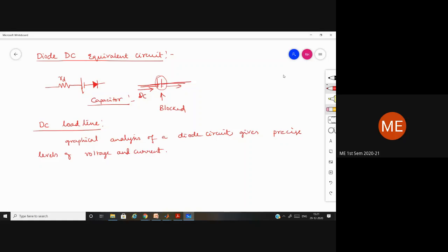I have a device, but I should know what is the maximum extent of voltage and current it can withstand. So that is being drawn by DC load line.